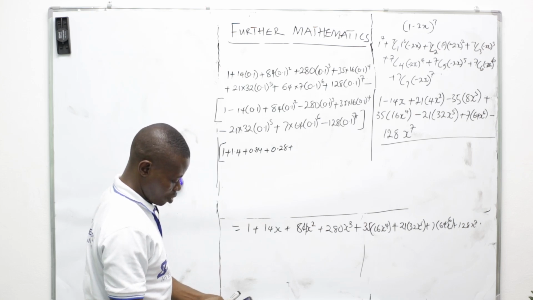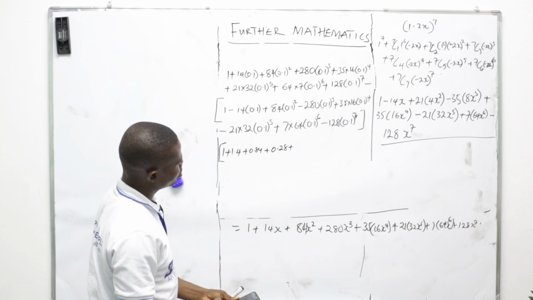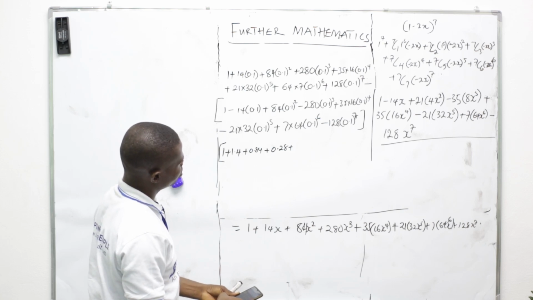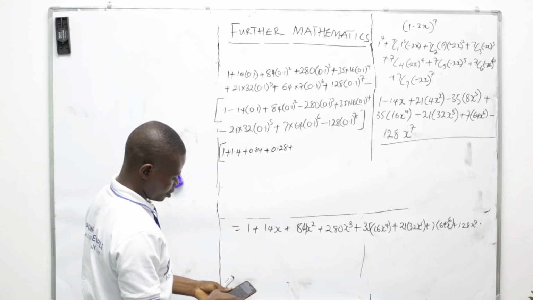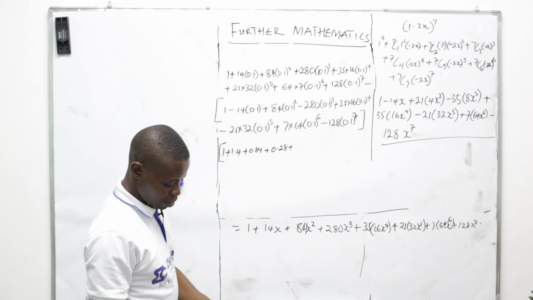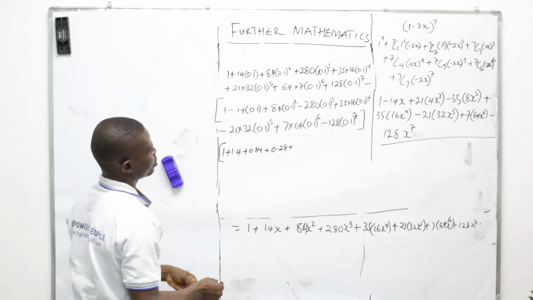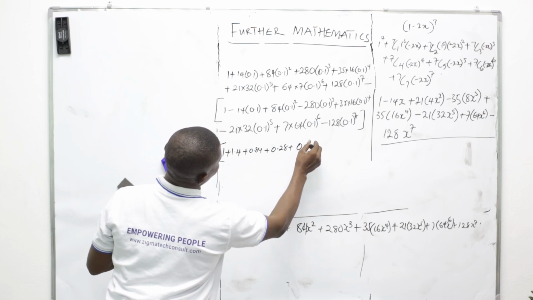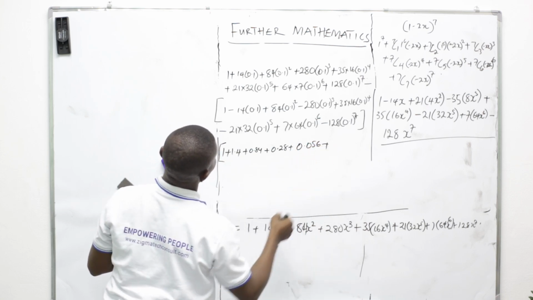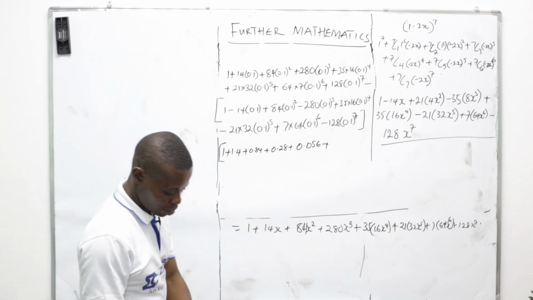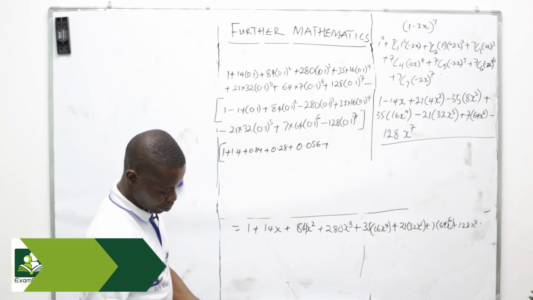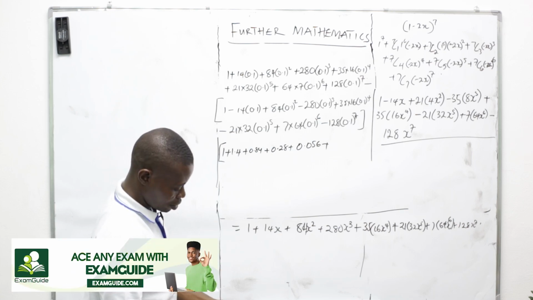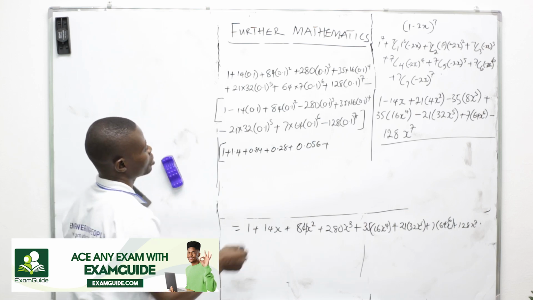Plus 0.1 to the power 5 times 21 times 32, 0.0067.